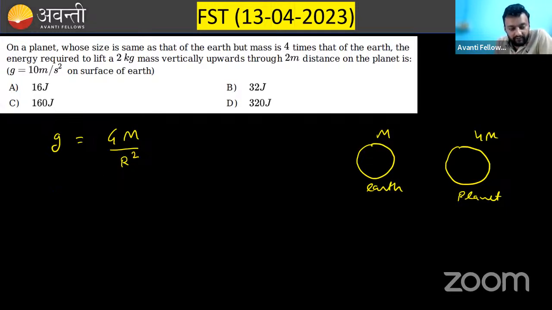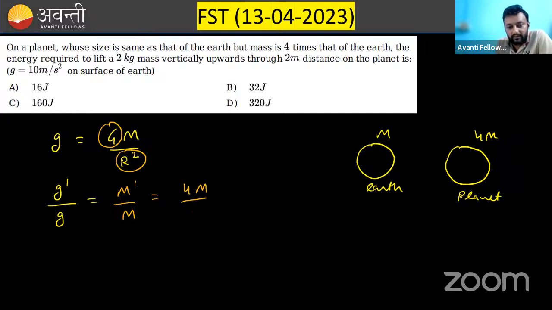Now, if I say on the planet g is g dash and g is the gravity at the Earth, then you can clearly see that there are two constants here. G is constant, r square is constant. So that will be m dash over m, or you can say the new mass 4m divided by m. So g dash is equal to 4 times g. That's what we got.